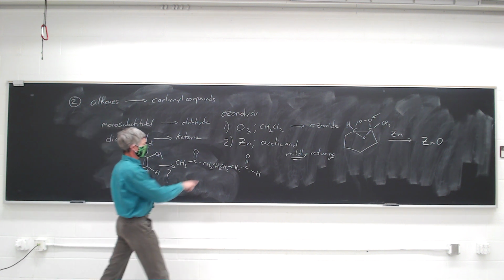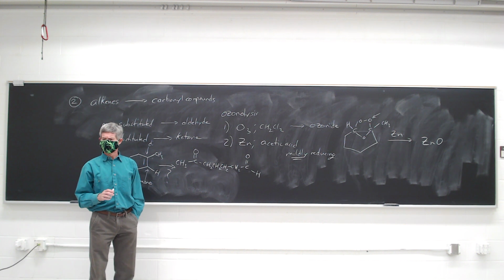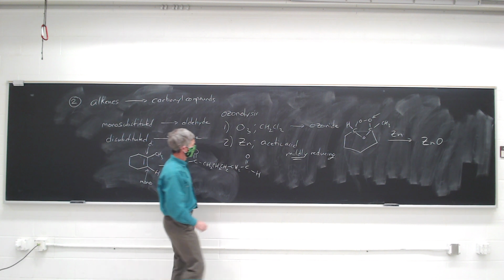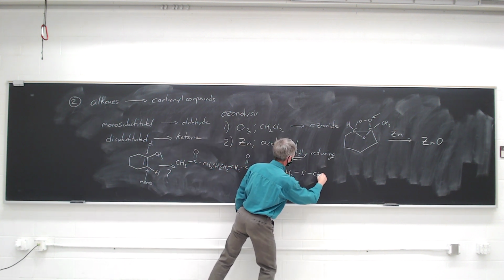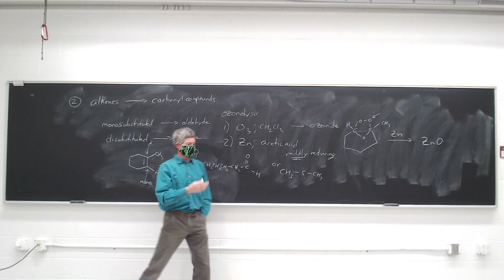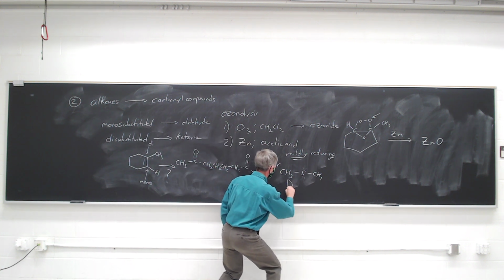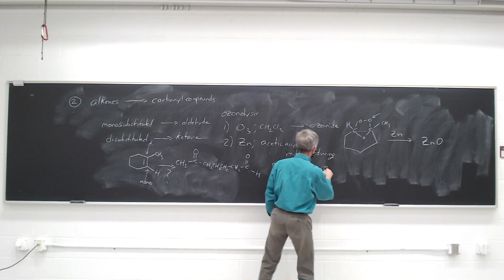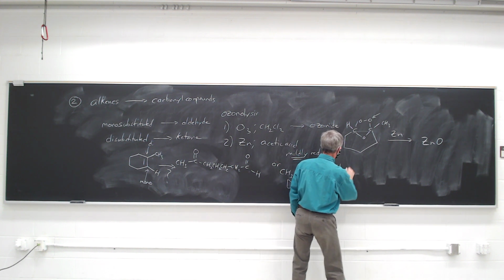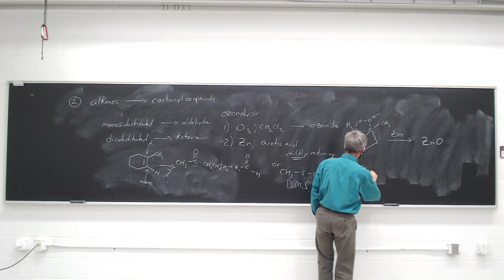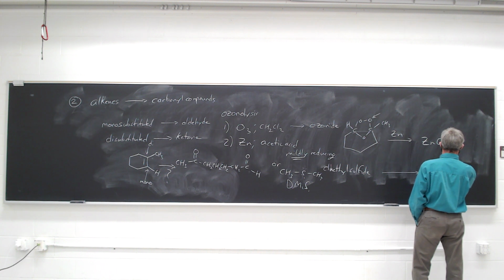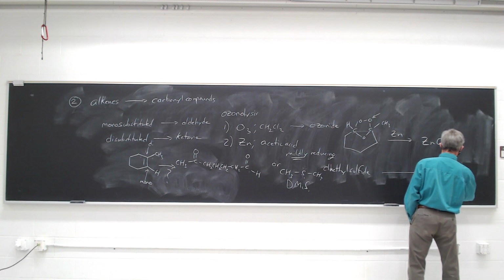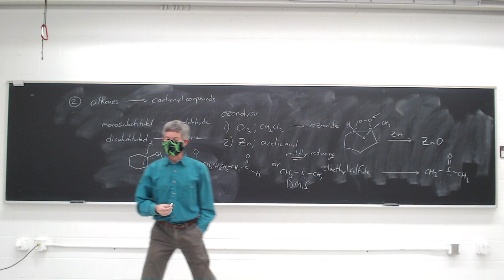What's the other reagent, the more common one that we use? CH3, CH3. So dimethyl sulfide. If you use dimethyl sulfide, which is sometimes abbreviated DMS, the other product is dimethyl sulfoxide, DMSO.